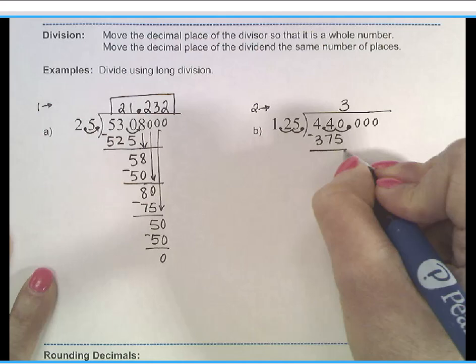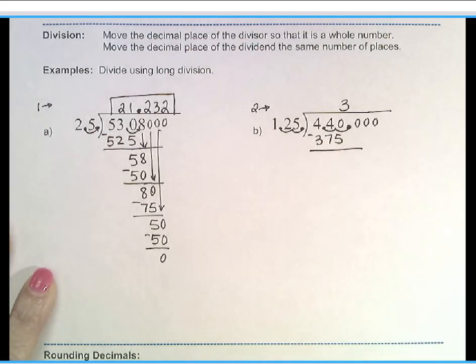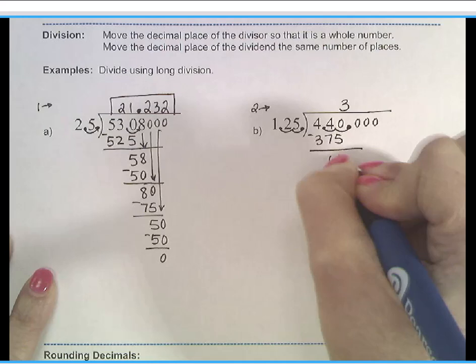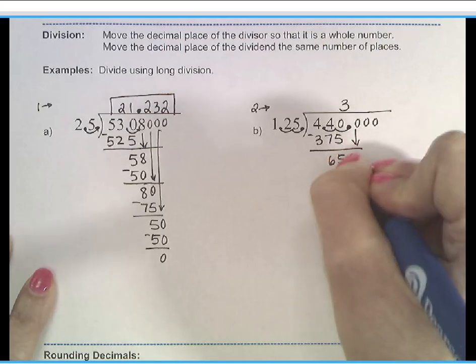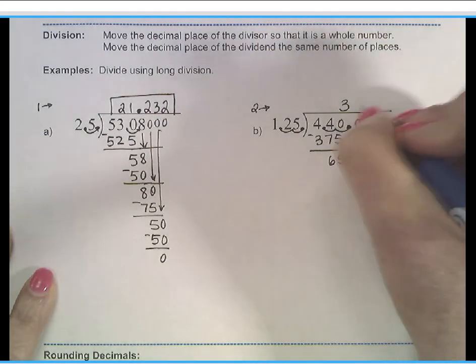If you subtract 440 minus 375, I've just got a little calculator over on the side I'm using, you get 65. Carry down a 0. So 650 divided by 125 goes in there 5 times.